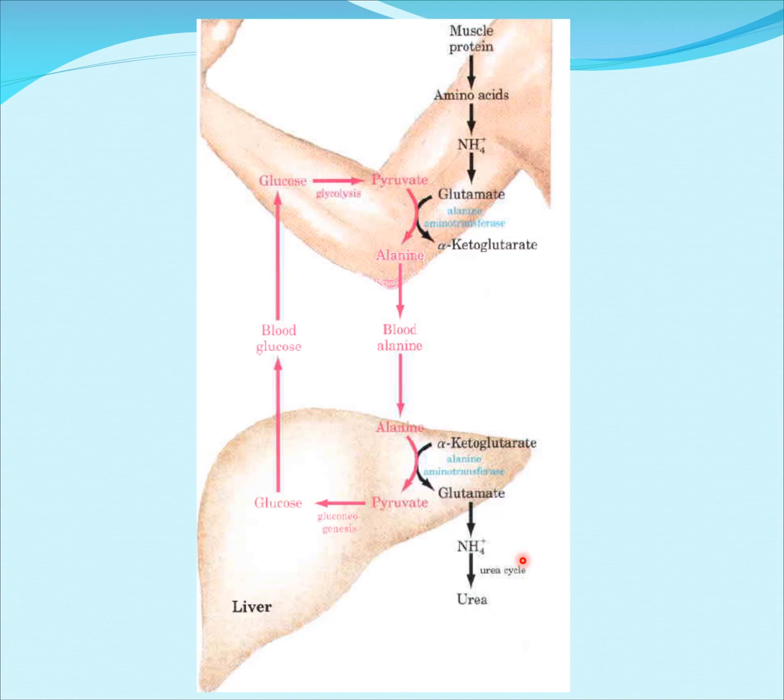Glutamate is involved in oxidative deamination and the synthesis of urea to get rid of the amino group, and pyruvate by gluconeogenesis is converted into glucose, which is secreted back to the muscle, forming this cycle of glucose, pyruvate, alanine, and this is called the glucose-alanine cycle. It only functions in aerobic conditions, because only in aerobic conditions is there production of pyruvate rather than lactate in the muscle.